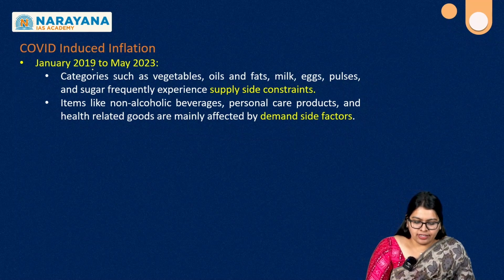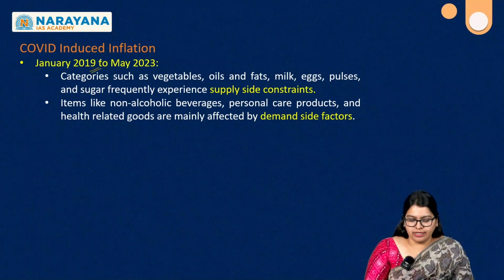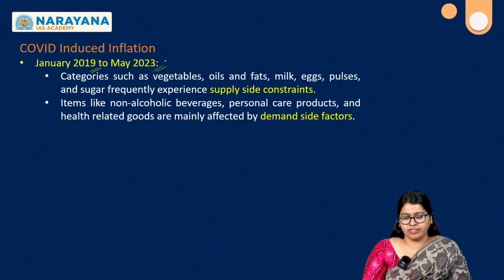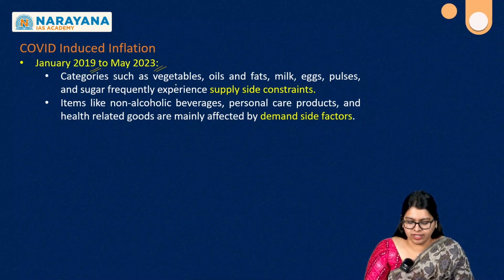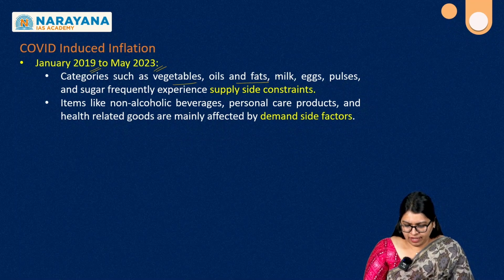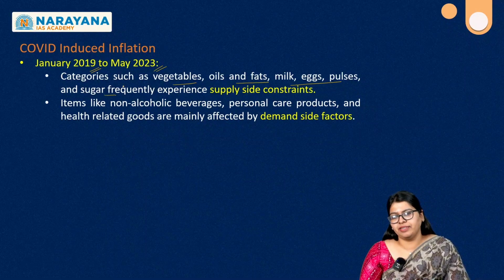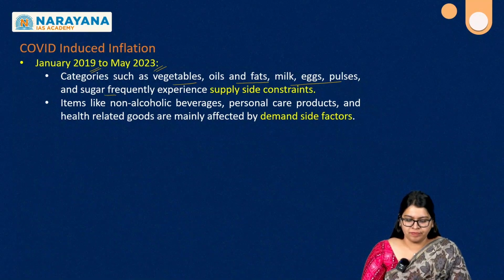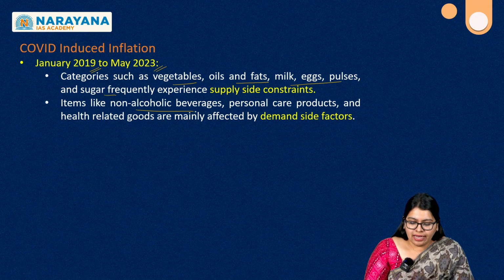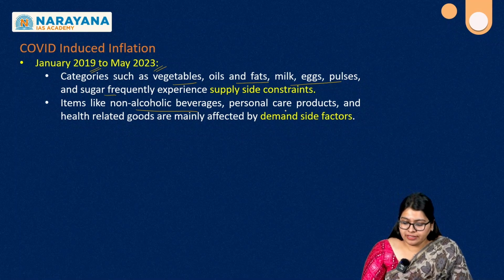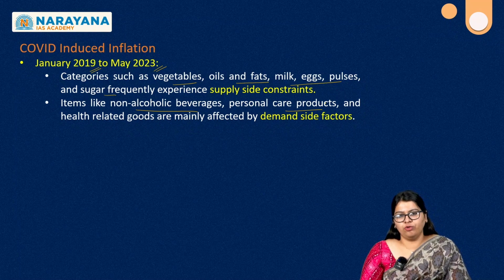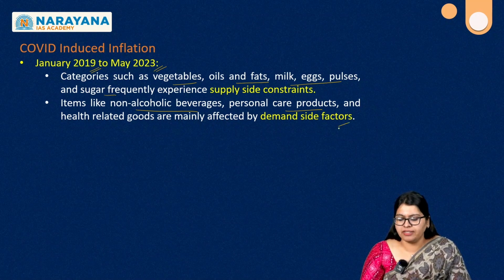Now looking at the COVID-induced inflation, the report talks about the post-COVID period of 2020 to 2023. From January 2019 to 2023, food items and categories such as vegetables, oils and fats, milk, eggs, pulses and sugar have frequently experienced supply side constraints, and items like non-alcoholic beverages, personal care products and health related goods were mainly affected by demand side factors.